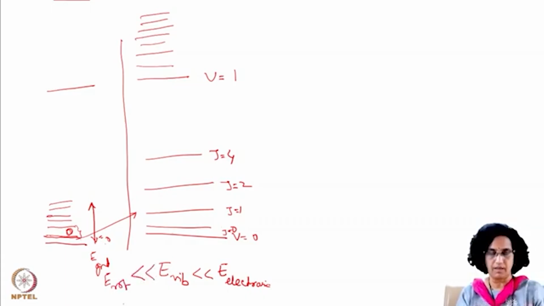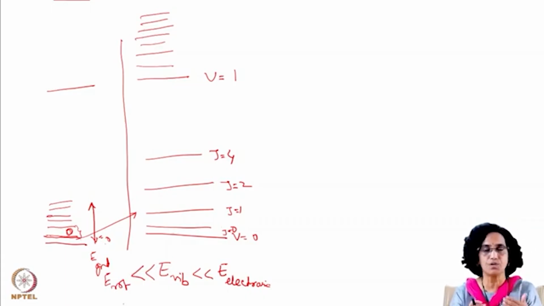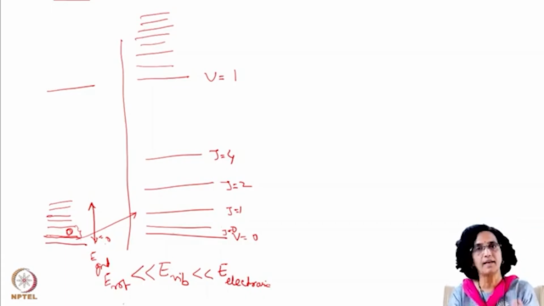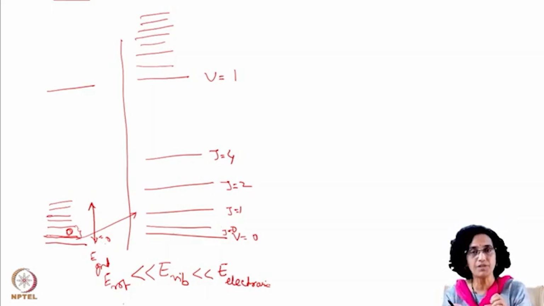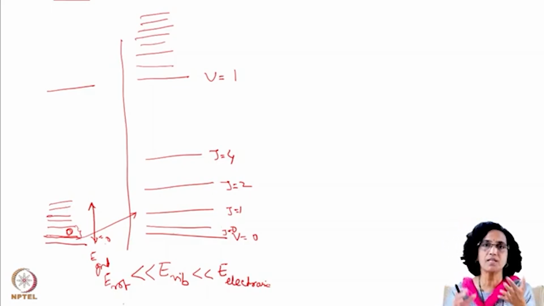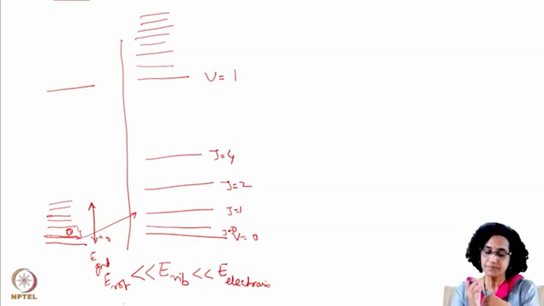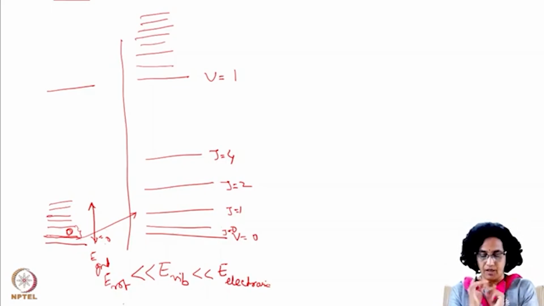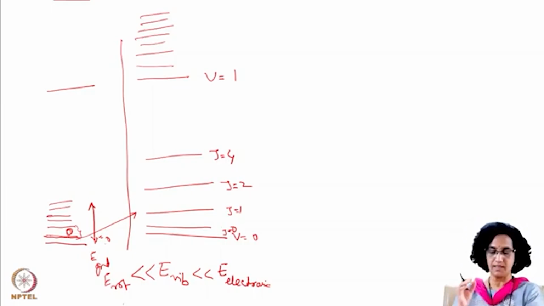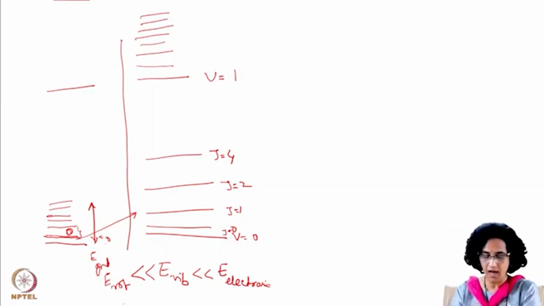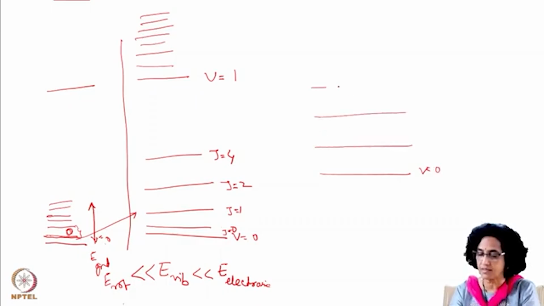So the energy that is required to cause rotation is much less than what is required to cause vibration, which is much less than what is required to cause an electronic transition. Now, having understood this, let us also try to see that if we have a molecule in the ground vibrational state, say, and we have several vibrational levels.